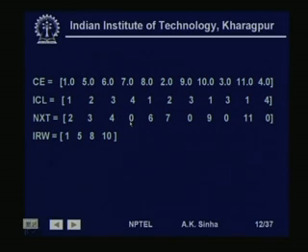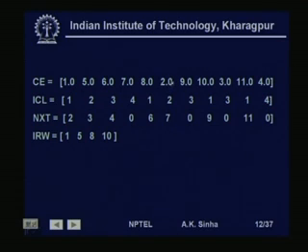So, this row ends. Now, looking at the second row, we have 8 in column number 1, and the next element to this is in position number 6. So, we put 6 here, and the element in position 6 is 2.